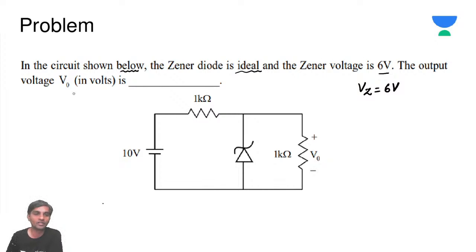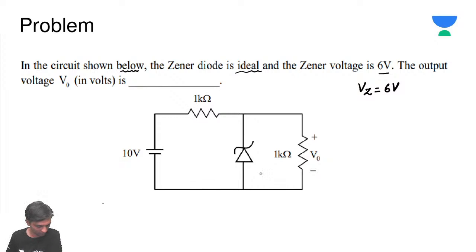The output voltage V0, in volts, is? So he's asking, what is the output voltage?